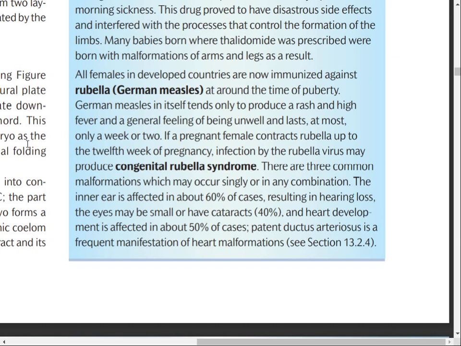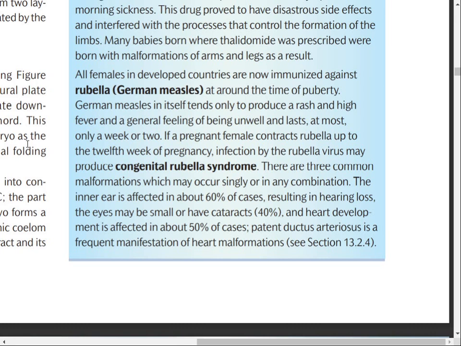If a pregnant female contracts rubella up to the 12th week of pregnancy, infection by the rubella virus may produce congenital rubella syndrome. There are 3 common malformations which may occur singly or in combination.